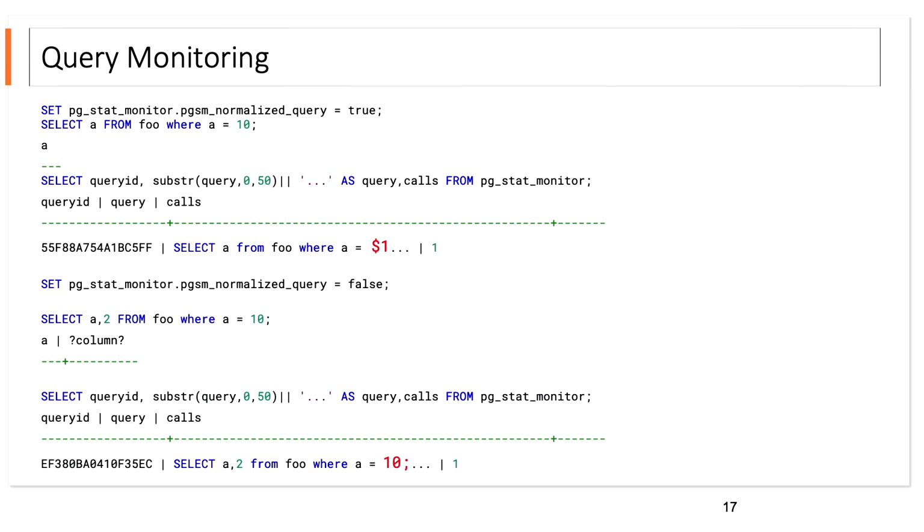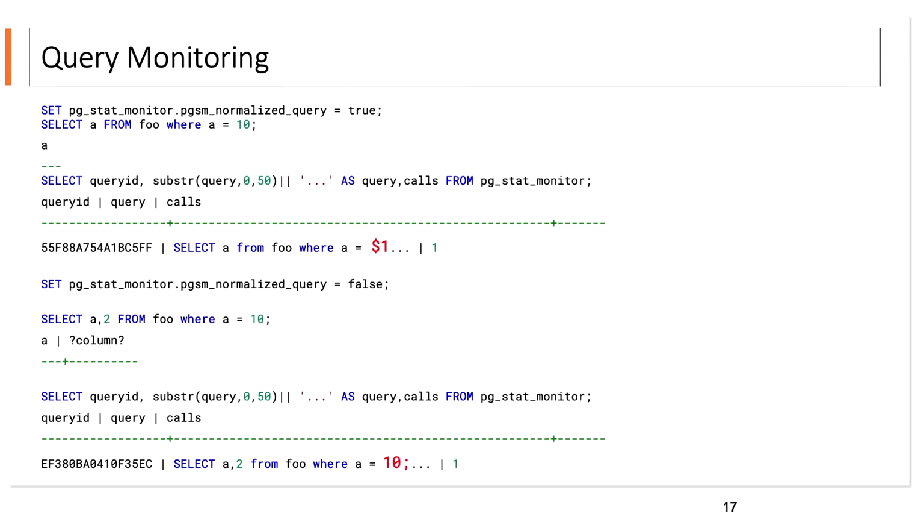So query monitoring. Initially I told you that when you are monitoring your query, it's really important to see the actual value of the parameter. Like in PGStat statement, you have a statement like this: select A from foo where A is equal to the value. You write 10 here.